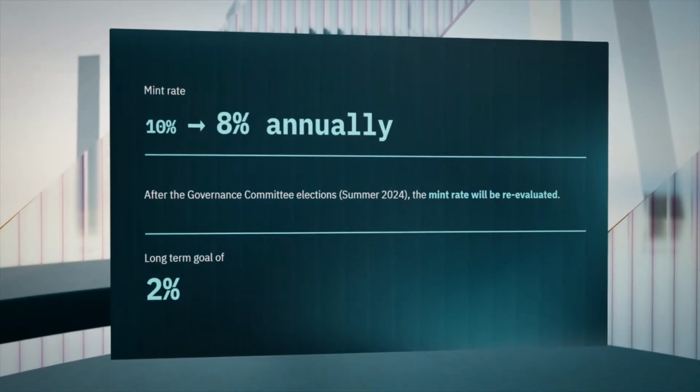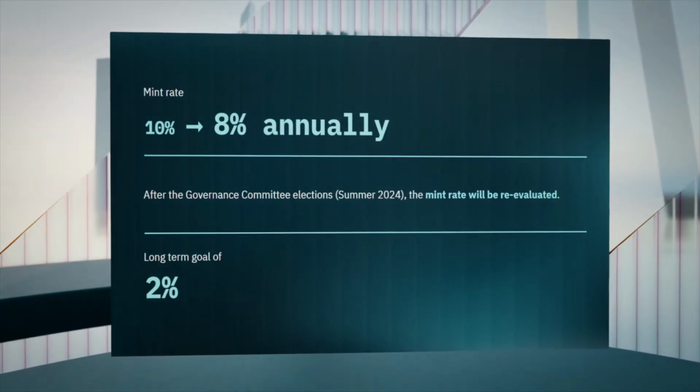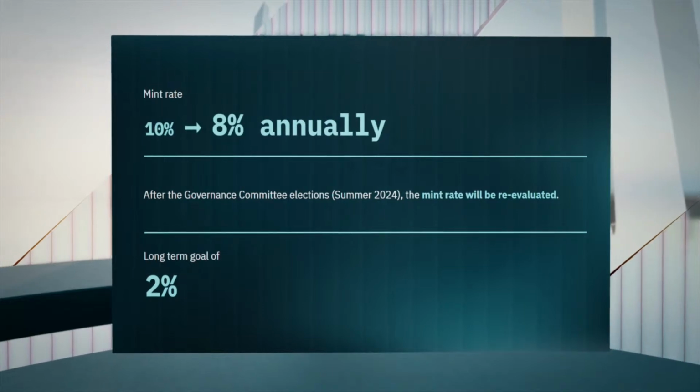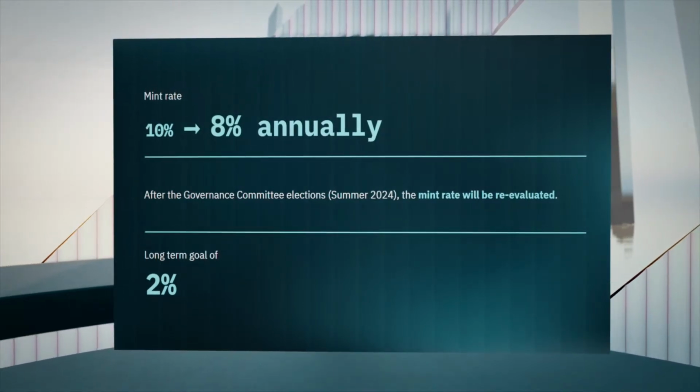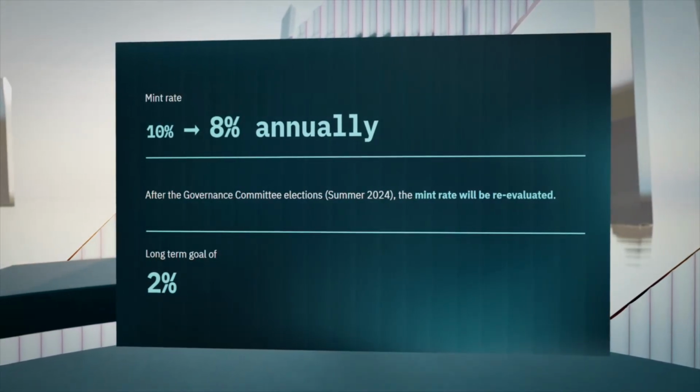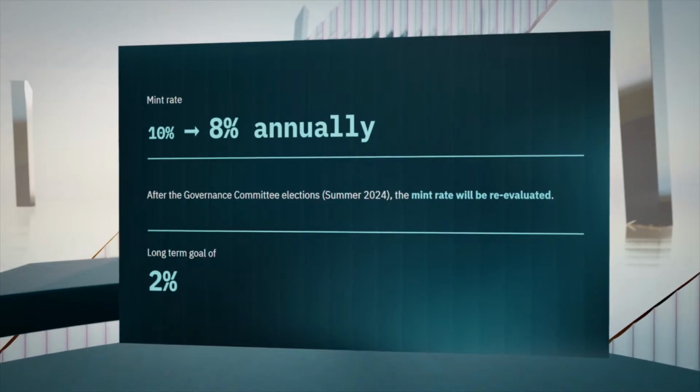And this is, of course, not something that we can rush. We cannot rush from 10% to 2%. This will impact the microeconomics of each participant too much, or at least we can't foresee the potential consequences of that. So this is still the long-term goal of reaching 2%, but it has to be done gradually.